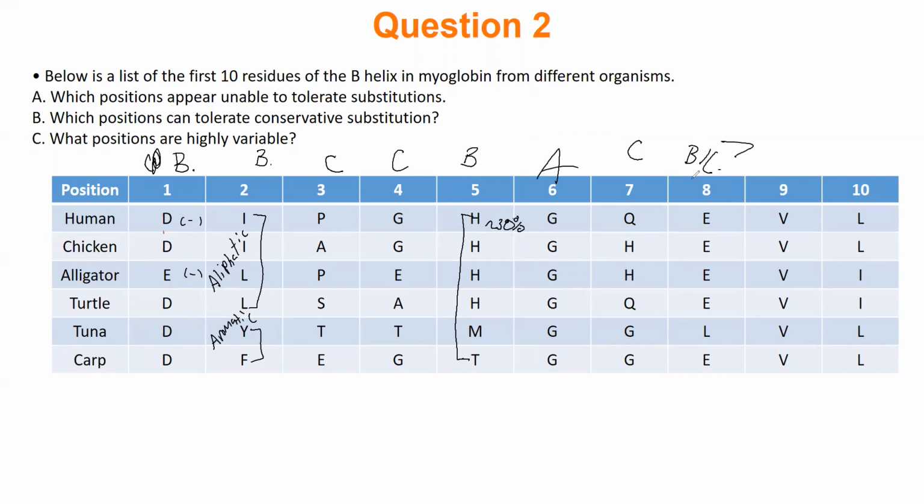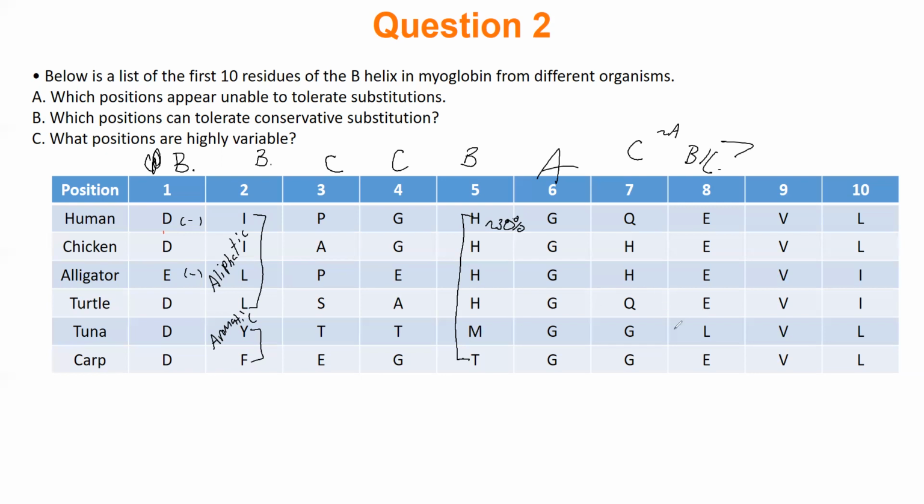Maybe you can even make an argument for A-ish and tuna is just an outlier. Maybe conservative, even though L is non-polar, so it doesn't really fit that. So 8 really doesn't fit into a nice category, and that's what happens some of the time when you do this in real life, where you'll see the same amino acid, one organism doesn't have that there, then the same amino acid. So 8 doesn't have a clean answer, right? It depends on how you want to argue it.